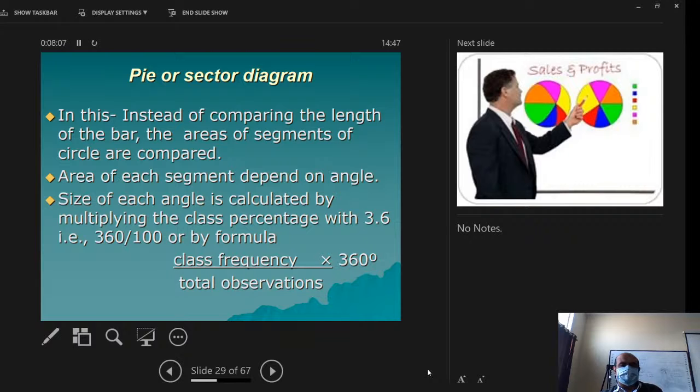Now pie or sector diagram. In this, instead of comparing bars, each sector is compared.